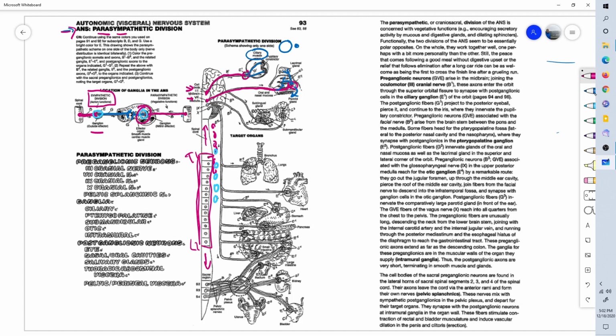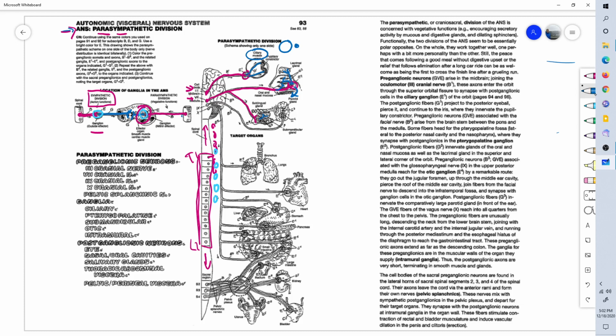The facial nerve also branches off and supplies parasympathetic stimulation to the sublingual glands. Here's the ganglia within the mouth, the sublingual gland.